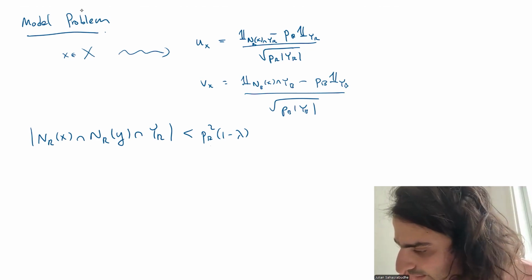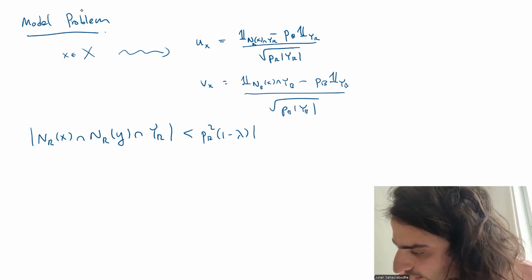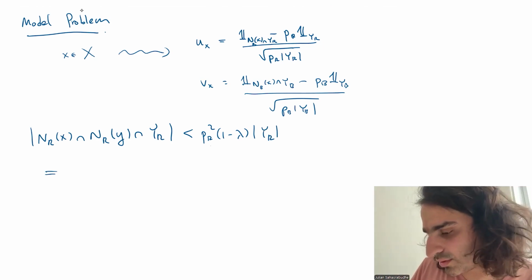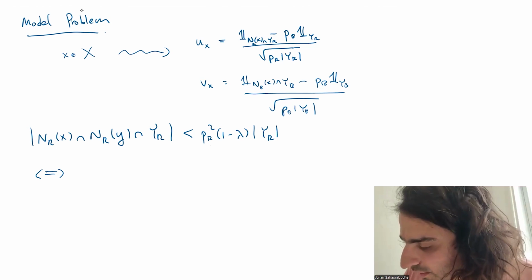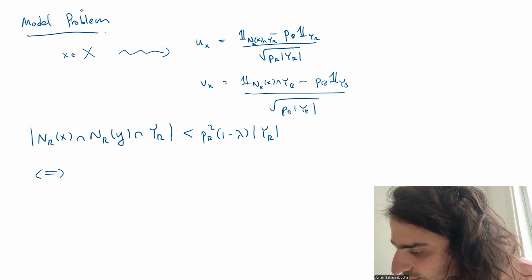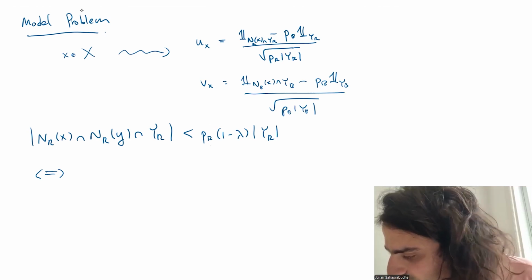What am I calling things here? Y, yeah. This will hold if and only if, I have the scaling slightly wrong. Okay, I might as well write a true statement.